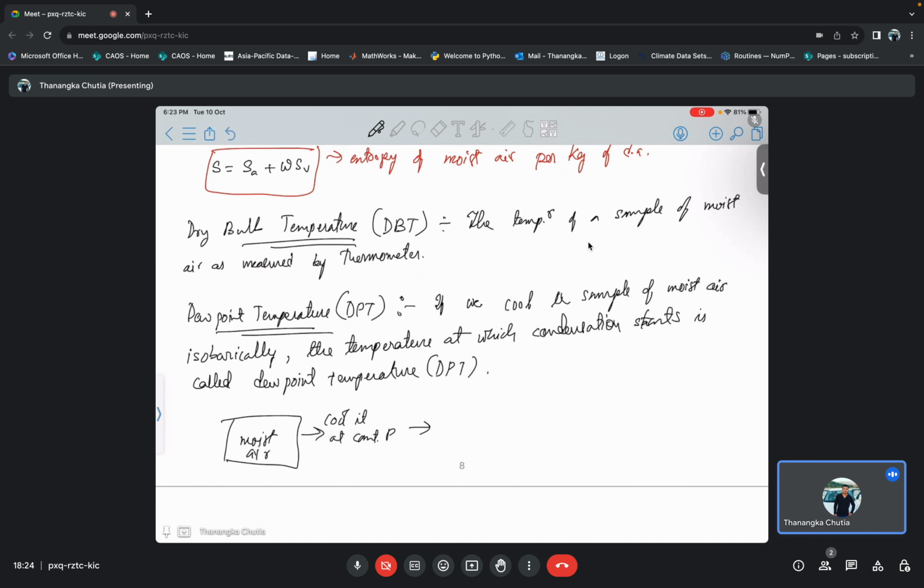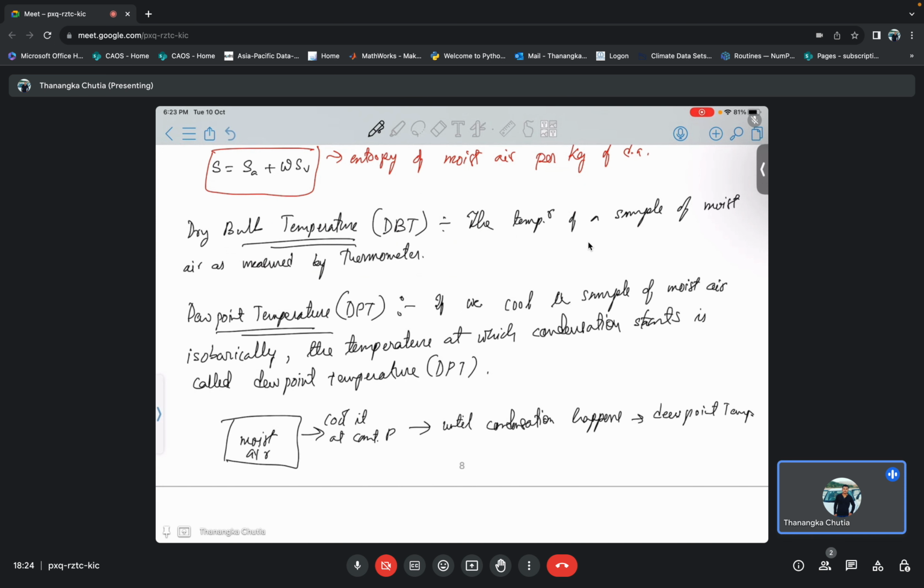So constant pressure until condensation happens, and this is basically what you call the dew point temperature. Now we have understood these two temperatures.